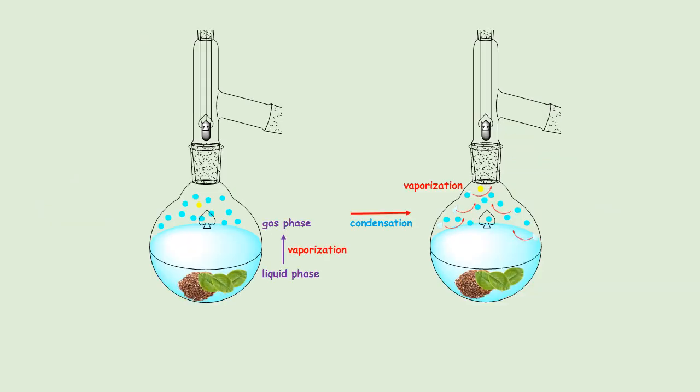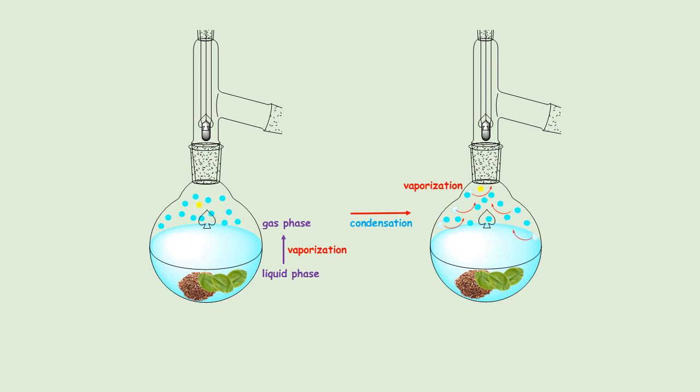When you place the plant materials into water and begin to heat up the mixture, certain components in these leaves or seeds are going to start to leach out into the water. And one of those would be the oils that are inside of the plant material. The oils themselves are not very volatile.